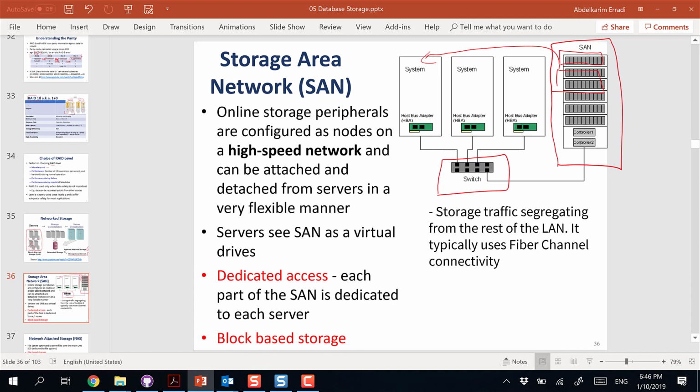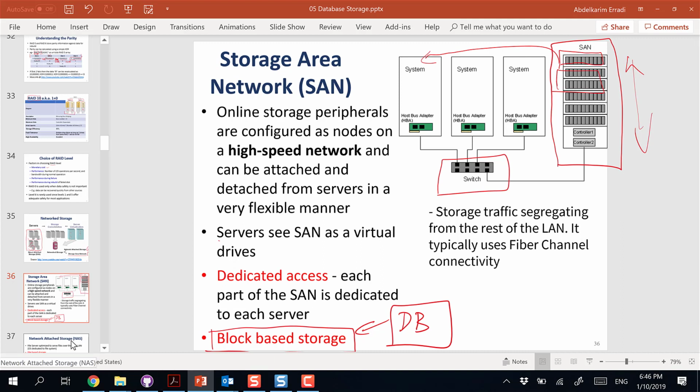This storage is known as block-based storage, and this is what we need for a database. So for a database solution, you should not go for a NAS. You should go for a SAN solution, because SAN supports block-based storage.